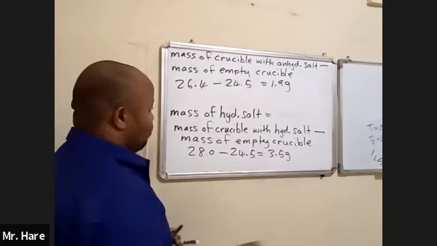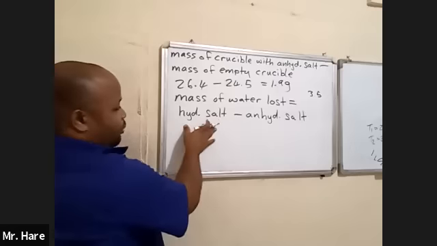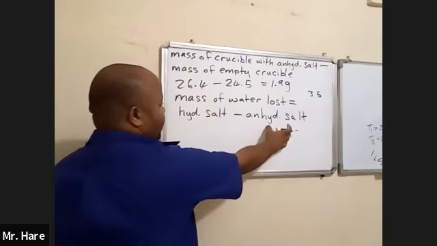So to get the mass of the water, it's the hydrated salt minus the anhydrous salt.